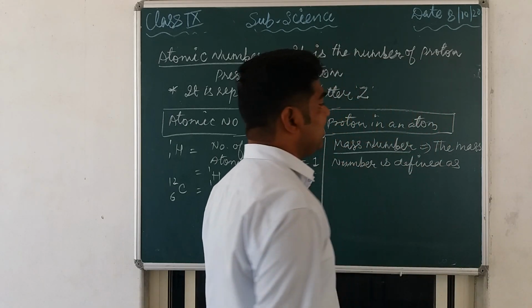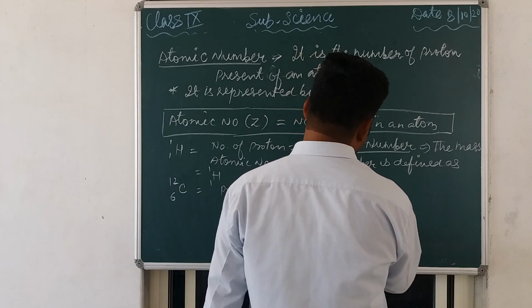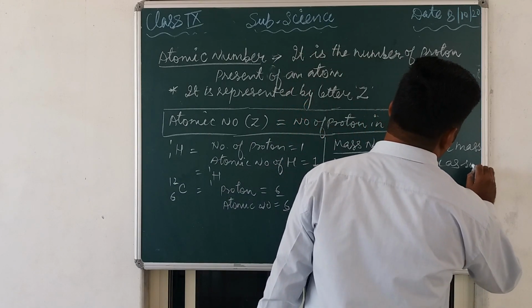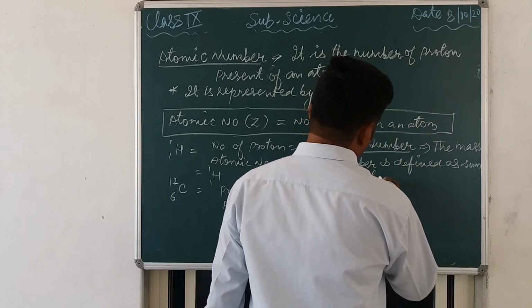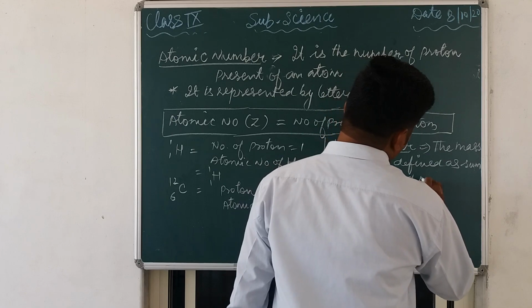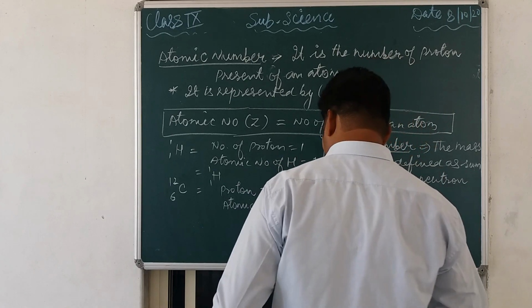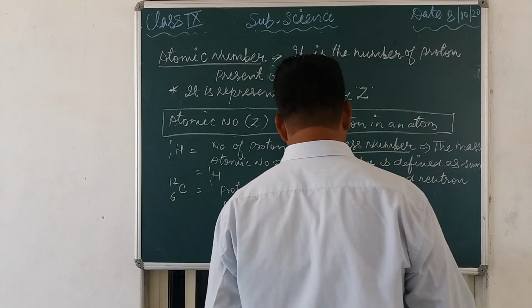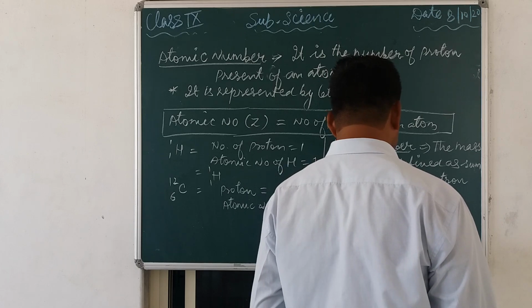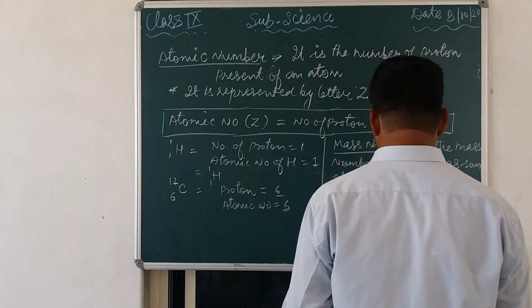Mass number is defined as the sum of protons and neutrons.